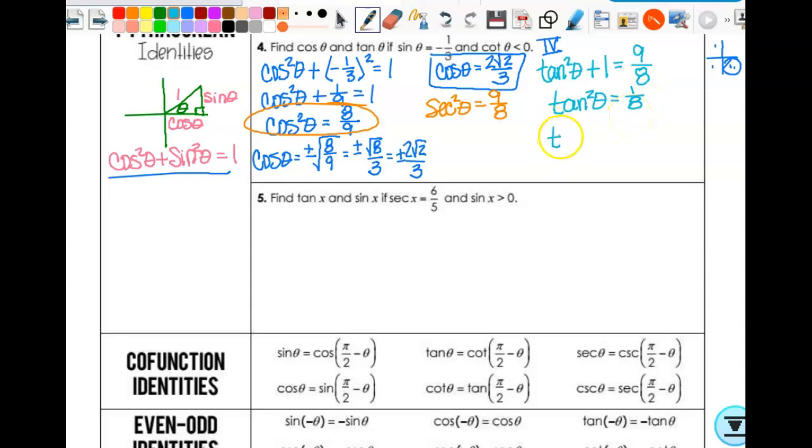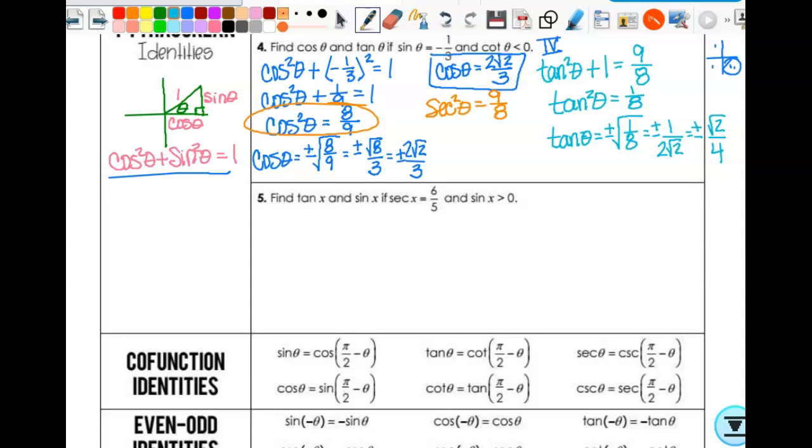So tangent theta equals plus or minus the square root of 1/8, which equals plus or minus 1/2 square roots of 2. When I rationalize that, I get plus or minus square root of 2/4. So is it plus or minus?